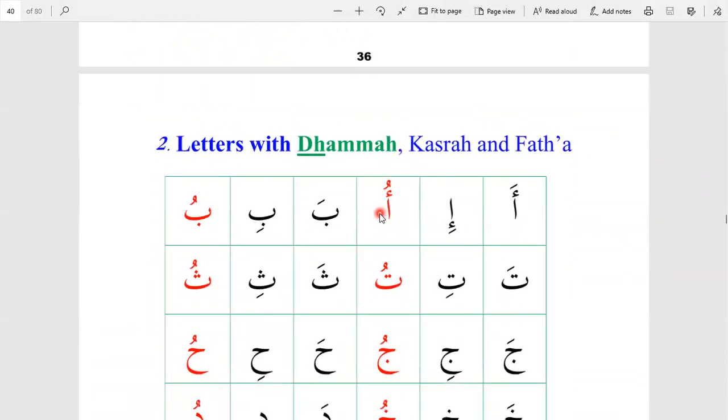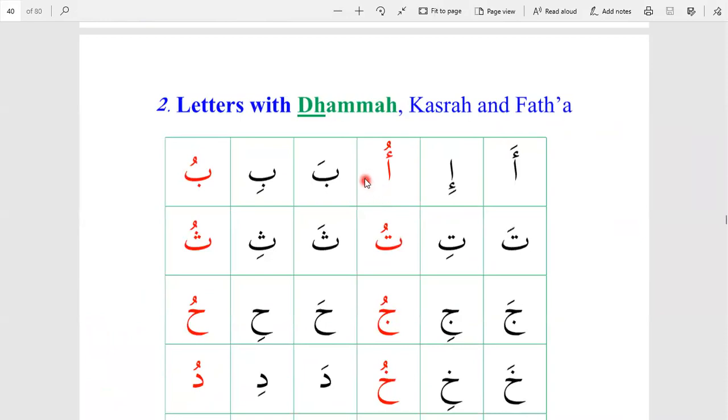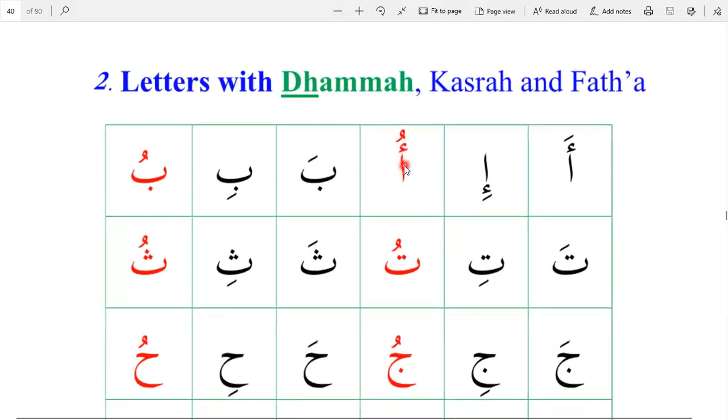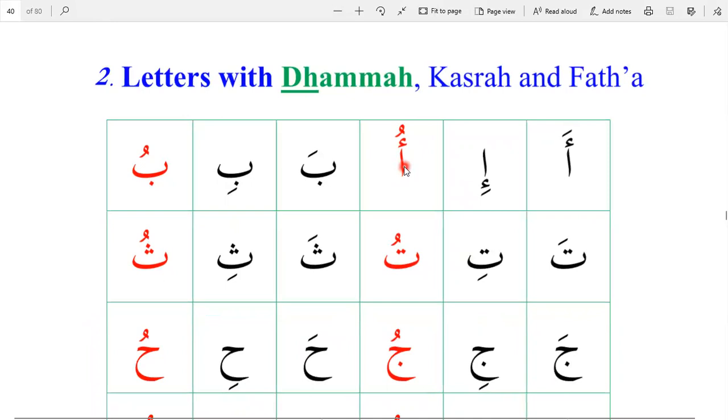And we're gonna actually also start with our third accent, which is Dummah. This accent right here, Dummah, which gives us the ending sound of oo. So we're gonna introduce Dummah and we're gonna pronounce all the letters with all three sounds and you're gonna see the difference.